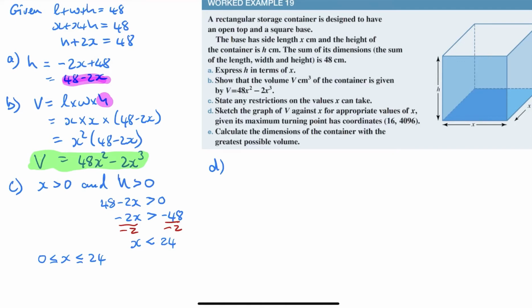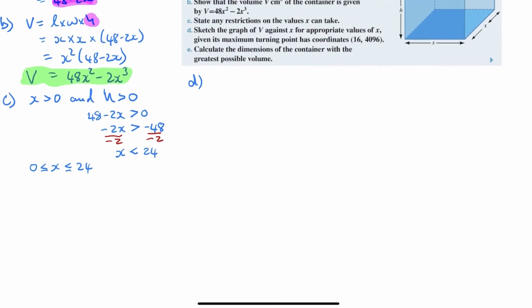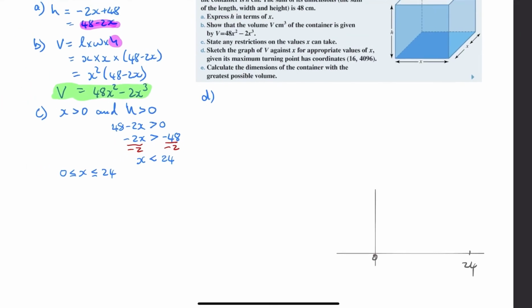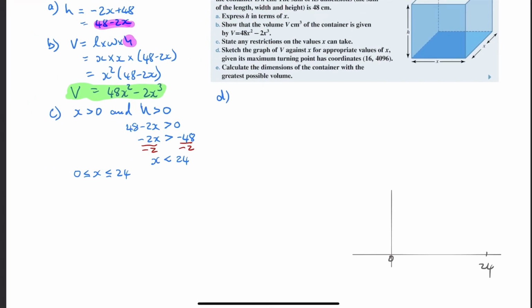I just quickly want to draw you a graph. We're going to draw a graph that looks like this. x can't be smaller than 0, so this must be 0, and the biggest it can be is 24. My y-intercept is where x equals 0.